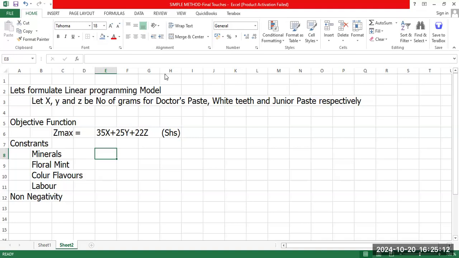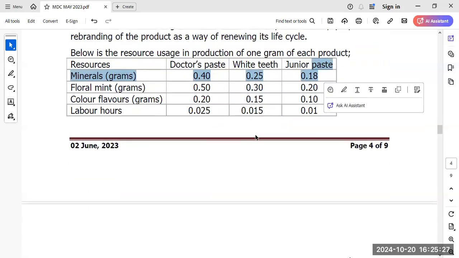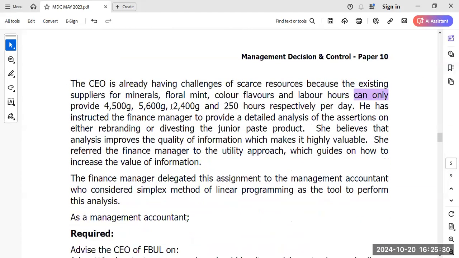Now we go back to our question. You see how we are given the data. Minerals, I am adding this plus this plus this. Then I say less or equal to what? I will say less or equal to this grams, okay? So you will tell me.